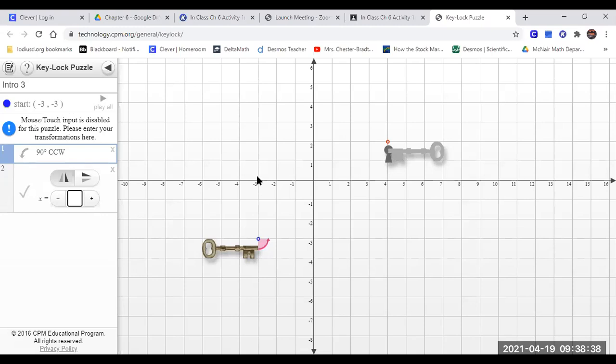So if I add 3.5 to -3, what do I get? So if I have -3 plus 3.5, what would we have? Or if I say 4 minus 3.5, what do we have?